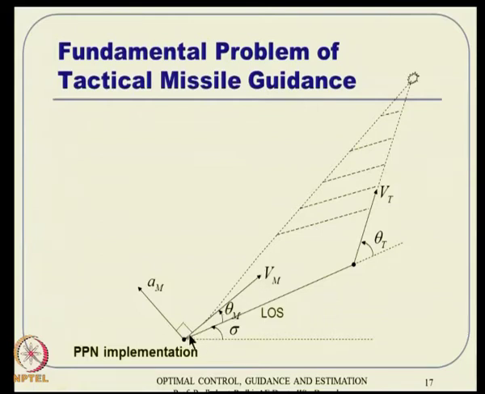Okay. Obviously, if it is perpendicular to the LOS vector, things are mathematically good, because ultimately this guidance relies on the philosophy that the LOS vector should not rotate. Initially it can rotate, but after some time, if you take the instantaneous position 1 for the missile and position 1 for the target, position 2 here, and keep on joining them, then the LOS vectors should remain parallel to each other; they should not rotate.